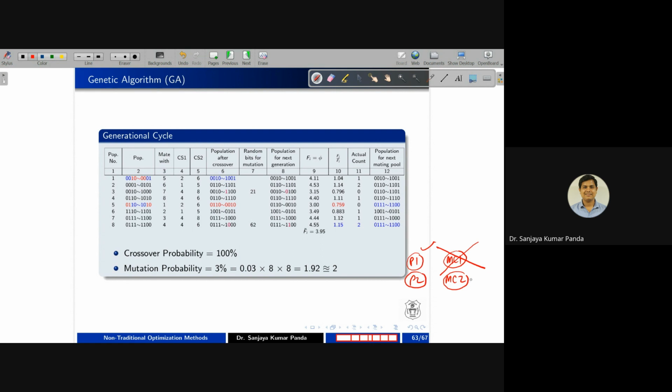Let's say modified children 2 is better, so I am going to discard my P2 and update my population in the mating pool. This will help me go for the next iteration. This process will be repeated until my termination condition is satisfied.